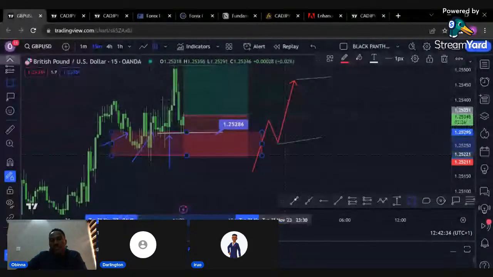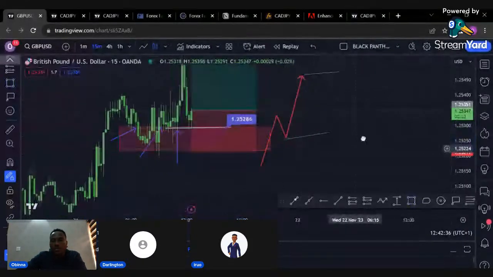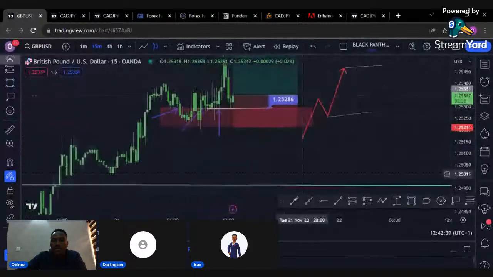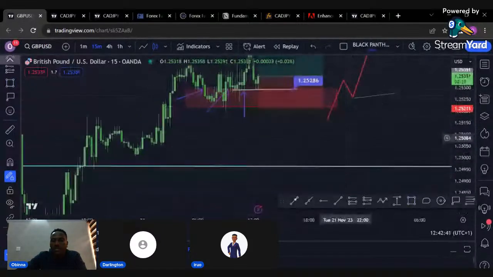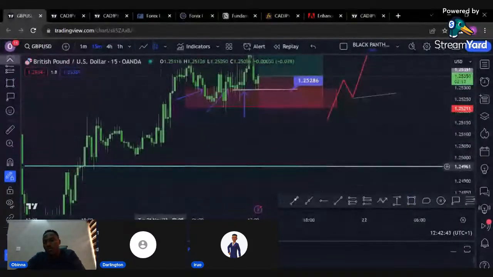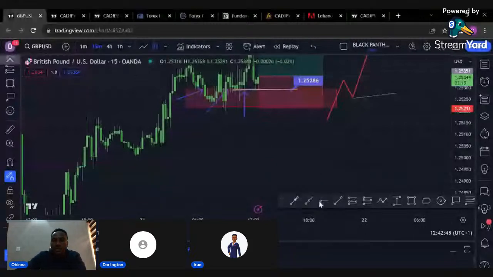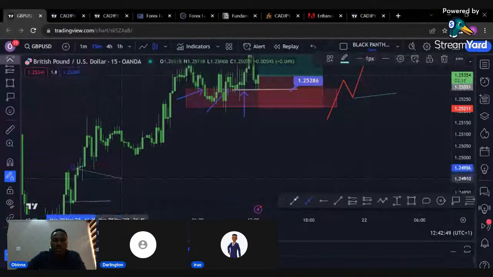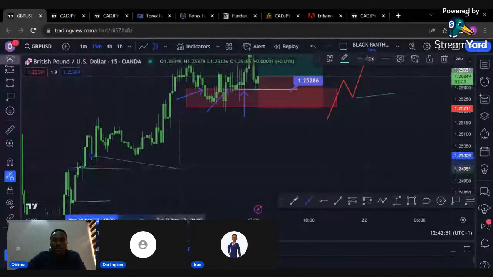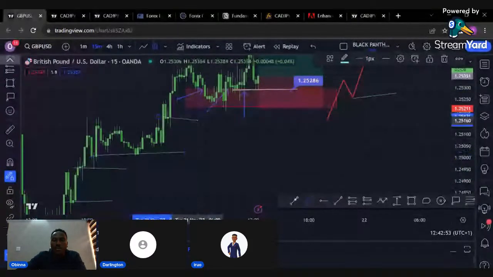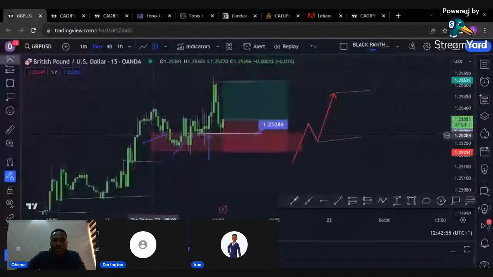Okay. Yes. So sometimes it can be simple to identify. Sometimes it can be much more difficult. For example, this one here, this is higher low, this is higher low, this is higher low, this is higher low. So here now it's a bit messy.